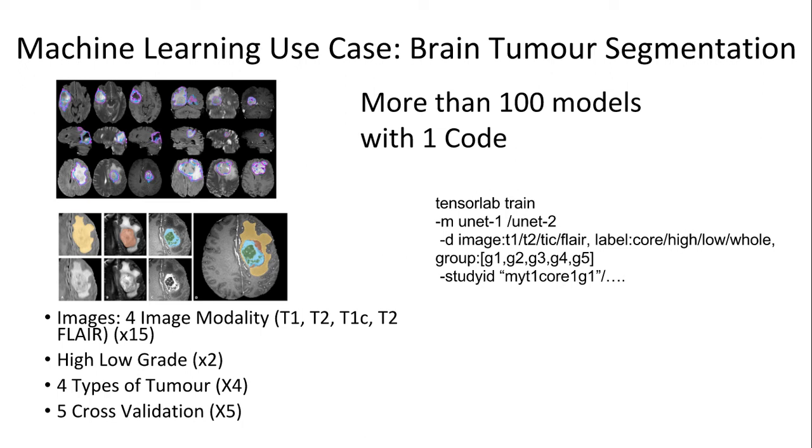With the TensorLab system, we can efficiently build about 20 deep learning models and then do the cross validation. And TensorLab really helps us reduce the burden of management work.